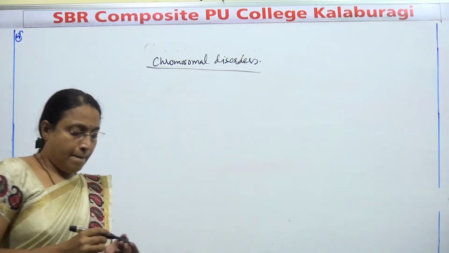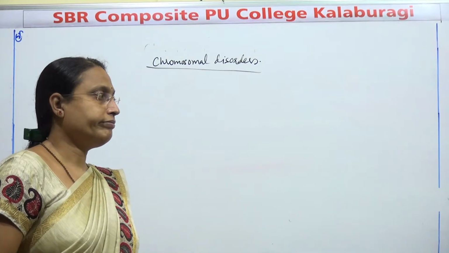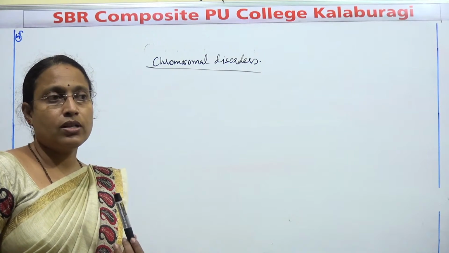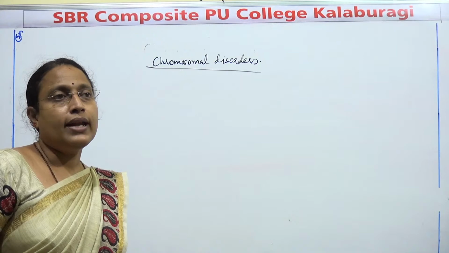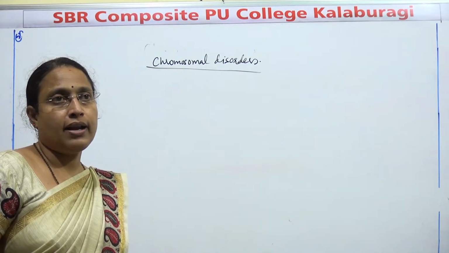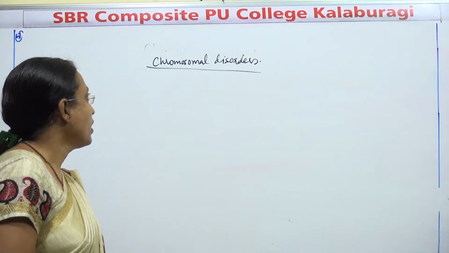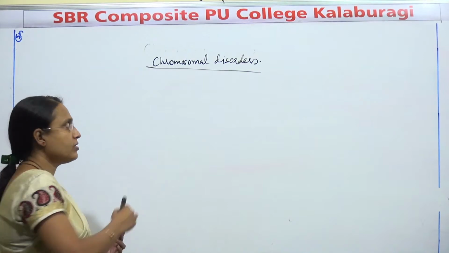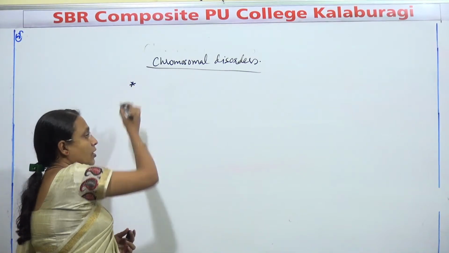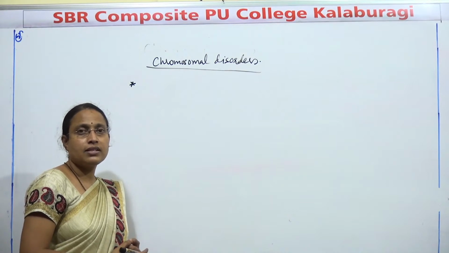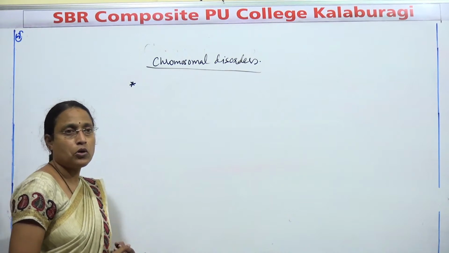Chromosomal disorders, three main disorders I'll be explaining. One is Down syndrome, another is Turner syndrome, and another is Klinefelter syndrome. Now, what are chromosomal disorders? Those disorders where there is a change in the structure of a chromosome or a change in the number of chromosomes.